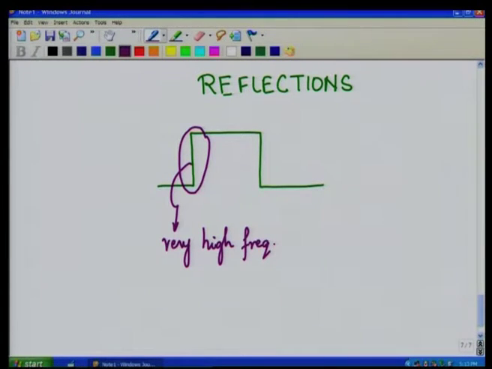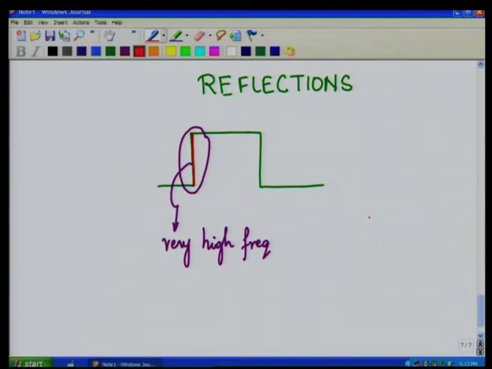And this has a lot of harmonics which can go to megahertz and gigahertz ranges. So, if you see the rise time, the one which I am drawing here, the rise time going from low to high is a very high frequency.